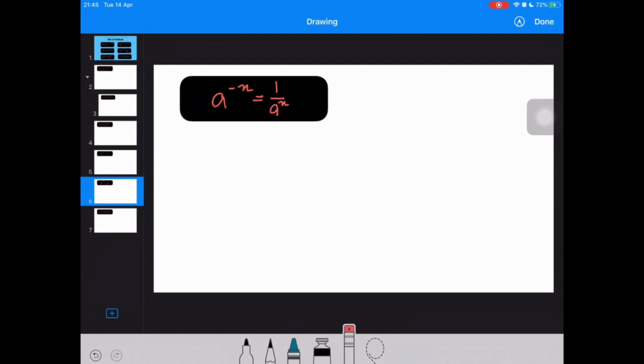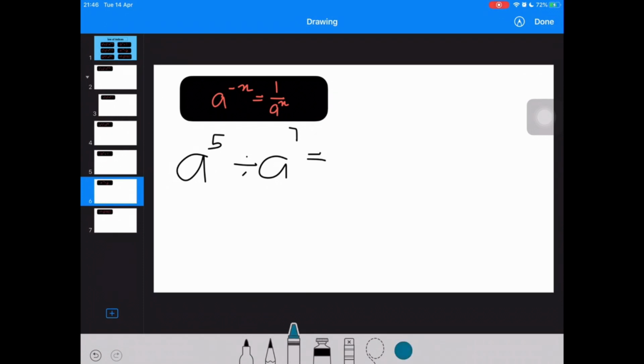The next one is a to the power of negative x equals 1 over a to the power of x. Let me give you an example. a to the power of 5 divided by a to the power of 7.